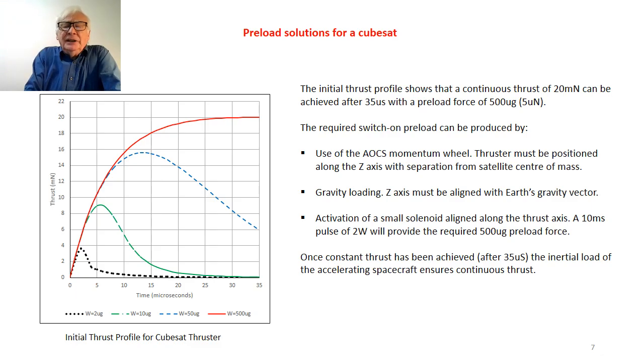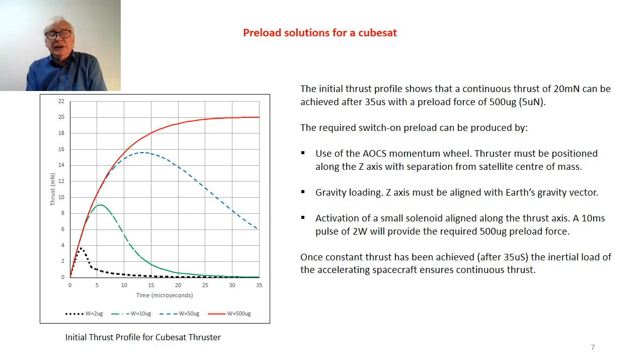Simply using the AOCS momentum wheel, that's the momentum wheel that's used in the attitude and orbit control system of any satellite. You can use that to provide a preload as long as the thruster is positioned along the Z-axis of the satellite and it has a significant separation from the satellite center of mass. So simply switching on or increasing the speed of a momentum wheel for a very short period of time will give you a preload on the thruster.